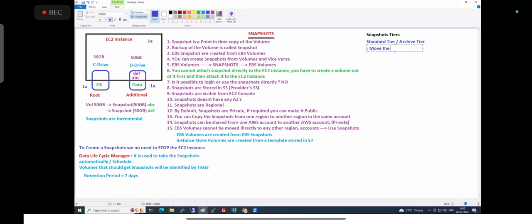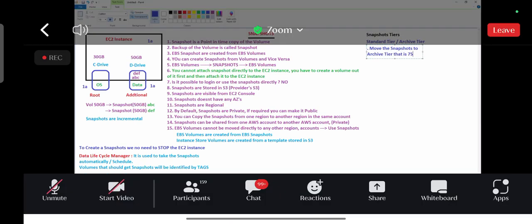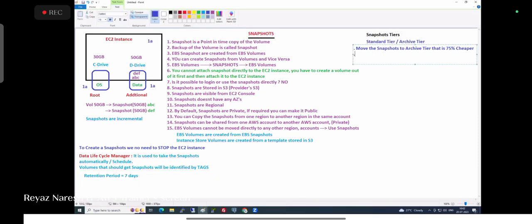So move the snapshots to archive tier, that is 75% cheaper. And guys, if you want to restore, it takes 24 to 72 hours for restoring, and that is billable.